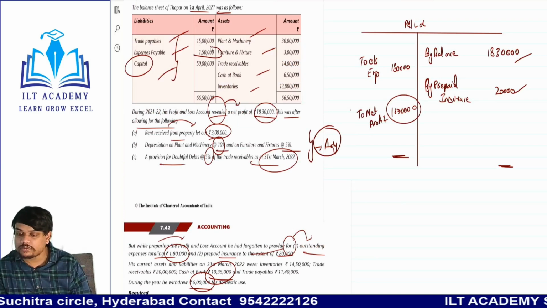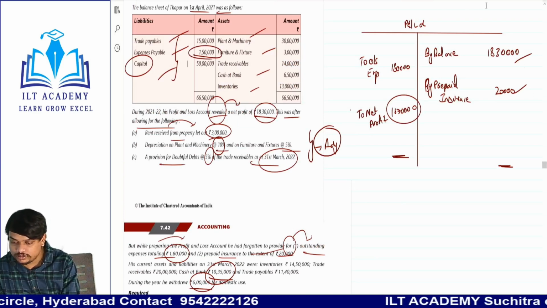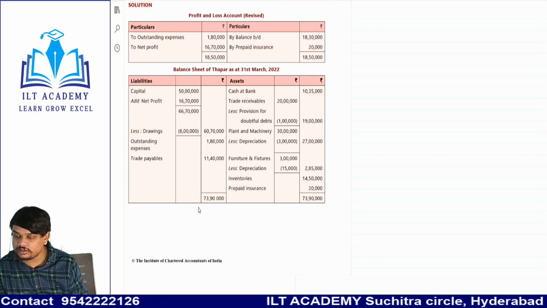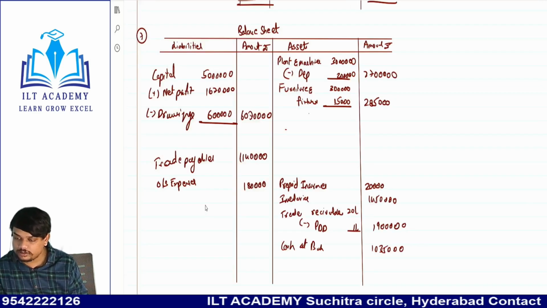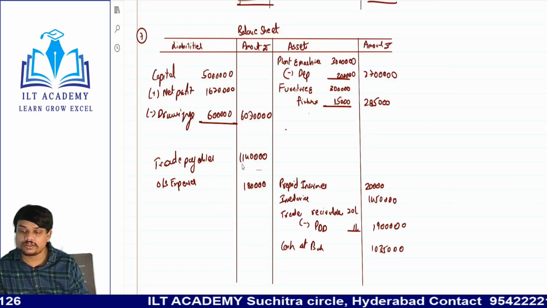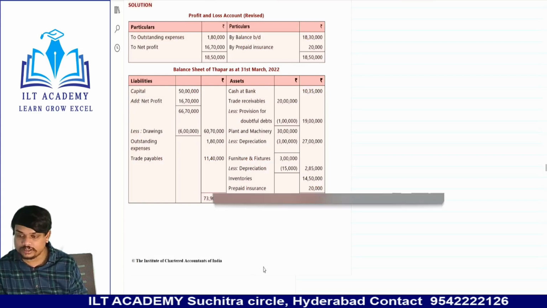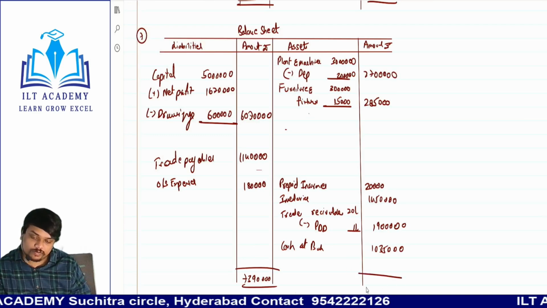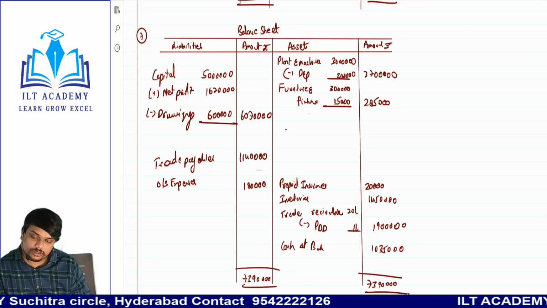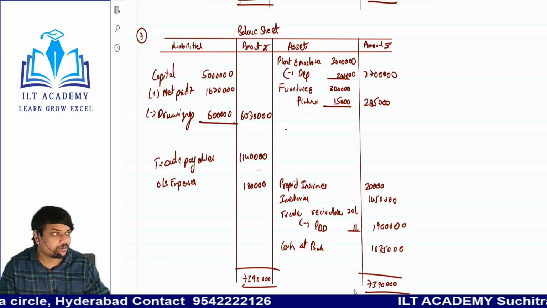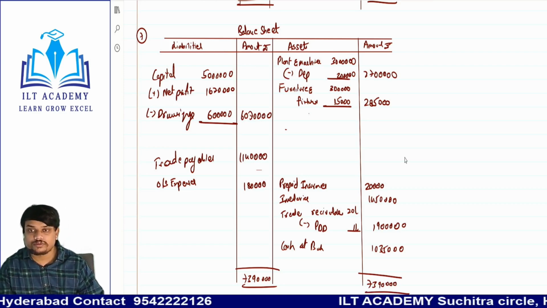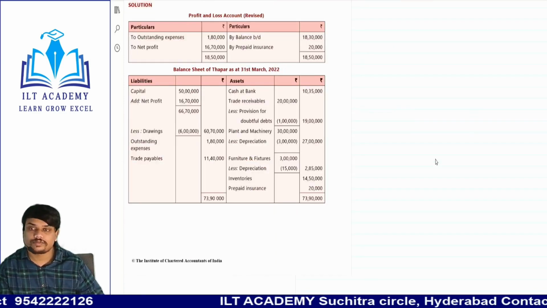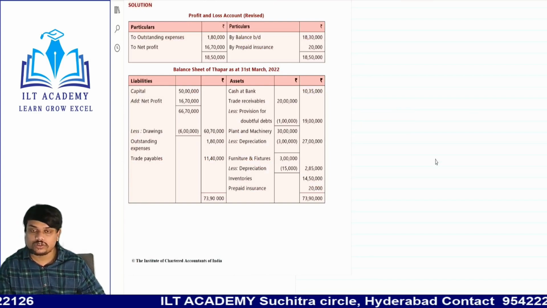And next coming to expense payable is 1,50,000. 7,40,000. This is the closing expense already done. Your balance sheet should tally. It's 73,90,000. Done. This is the sum. You can note down.